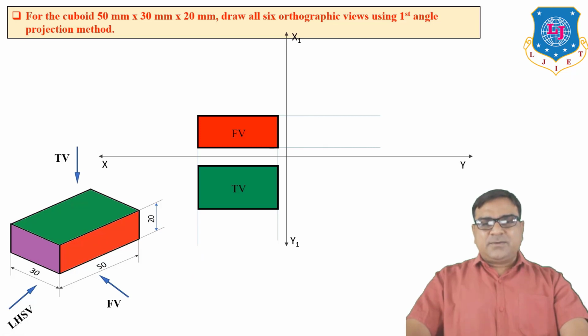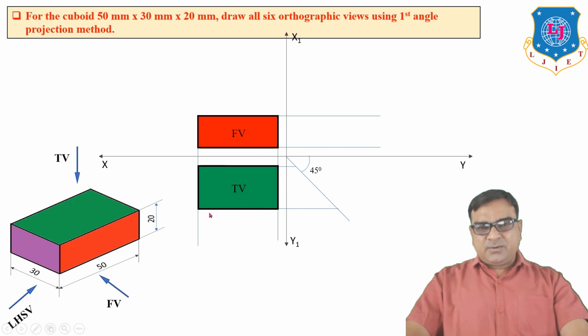Now once you draw the front view and top view, how can we find the side view? For that, we have to take a 45-degree inclined line from the intersection of XY and X1Y1, from this point, and take the horizontal lines from the top view up to this 45-degree line.